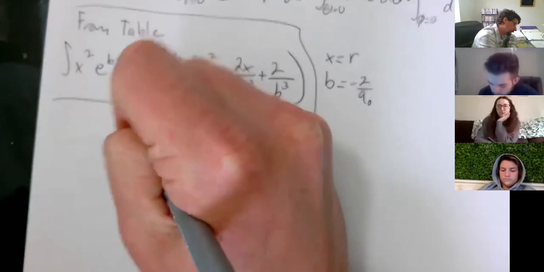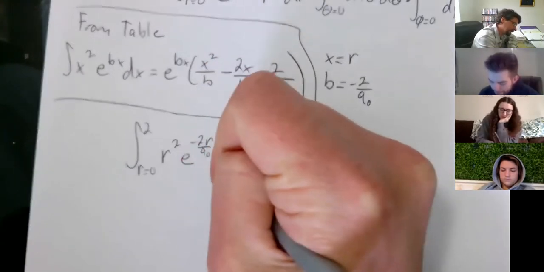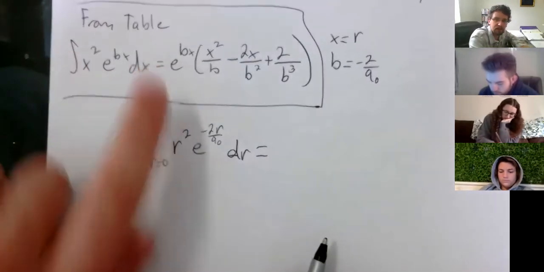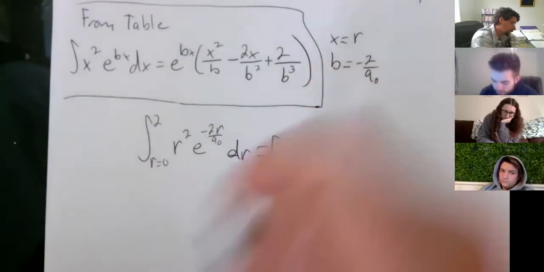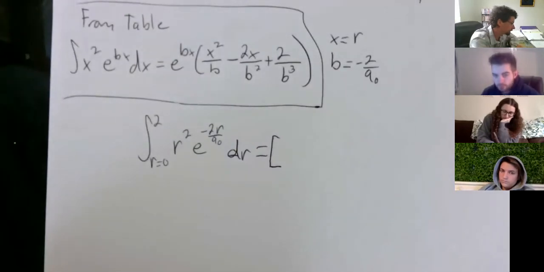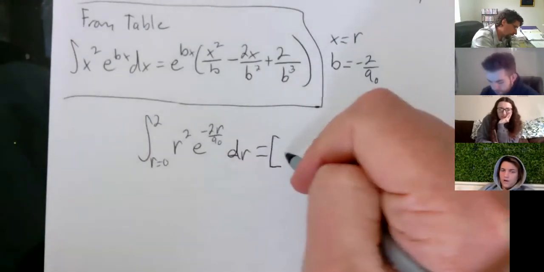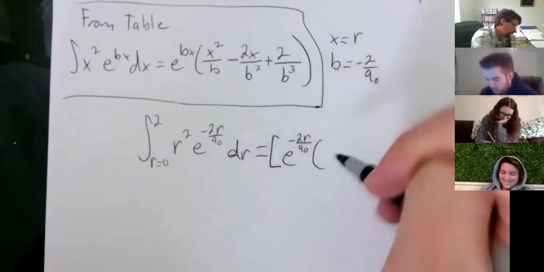Integral of R squared e to the negative 2R over A naught dr. If we use this guy, what is our integral going to become? e to the negative 2R over A naught, times what?